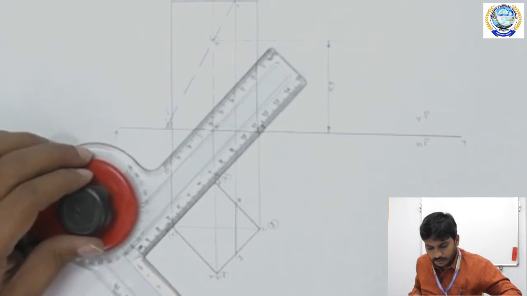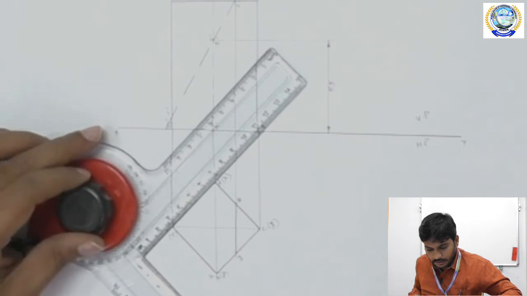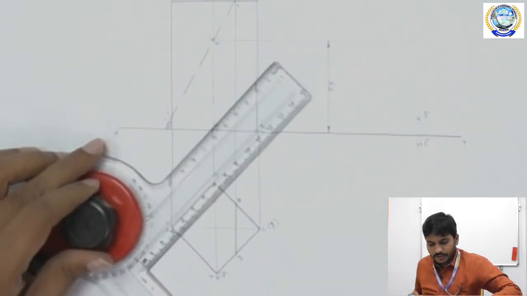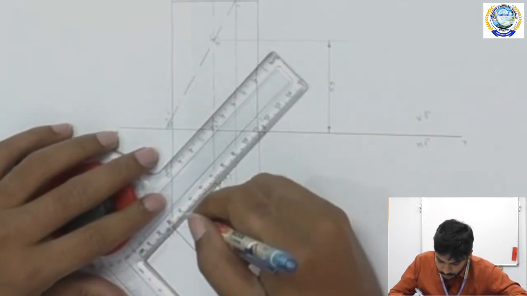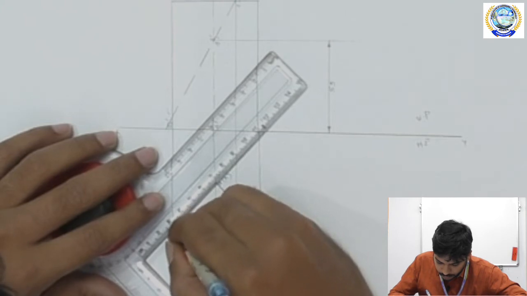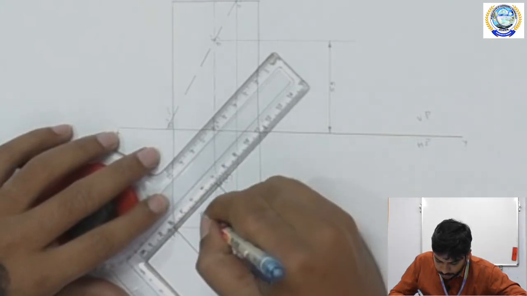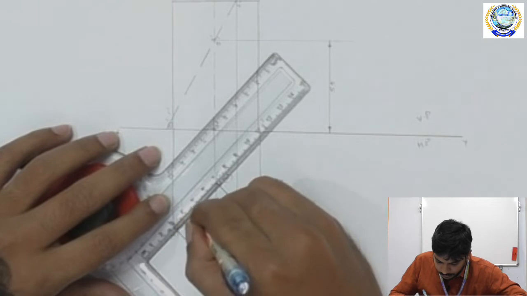So after that, we have to hatch the final sectional top view of the diagram.